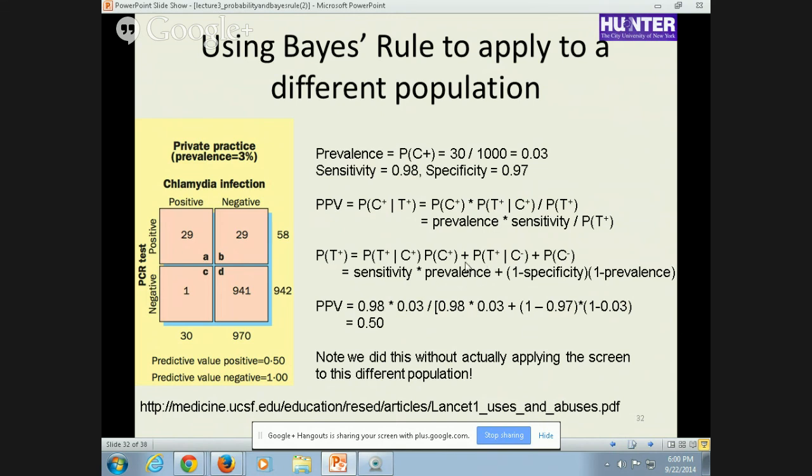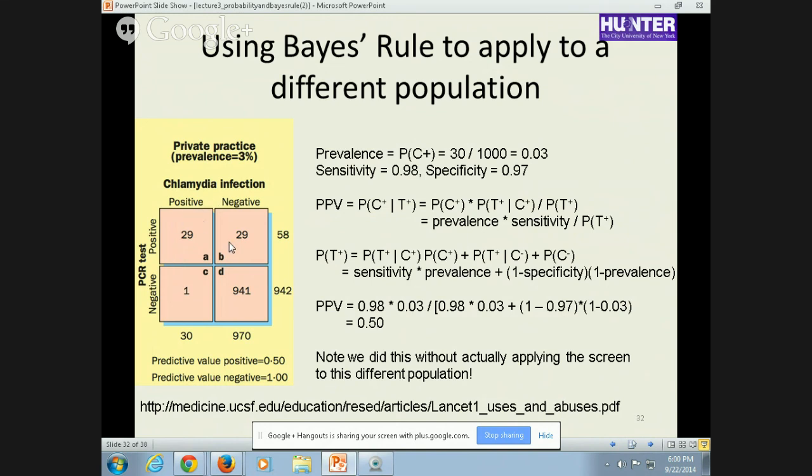The denominator in the PPV calculation is slightly complicated, because to calculate the probability of getting a positive test, from here you could just calculate it directly.